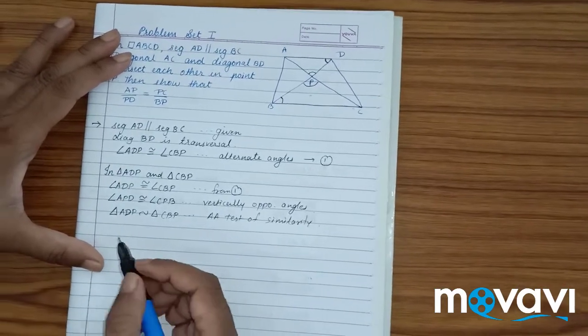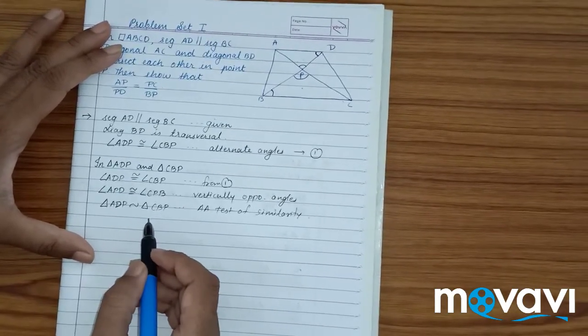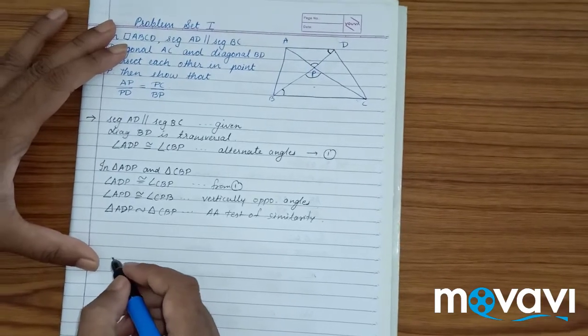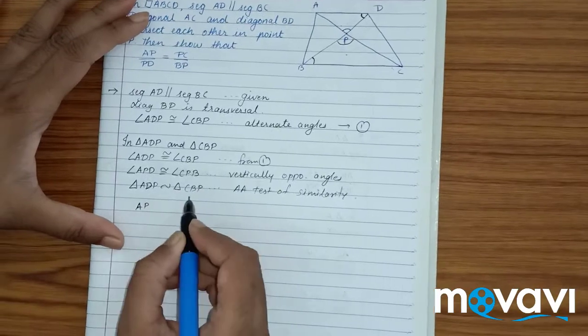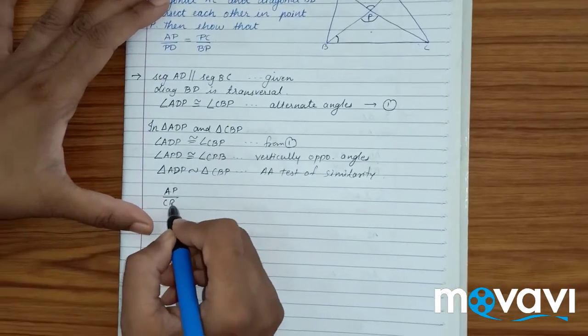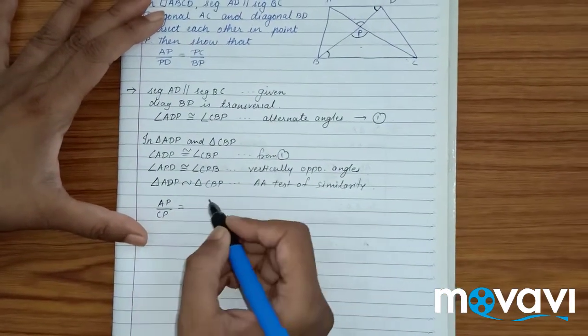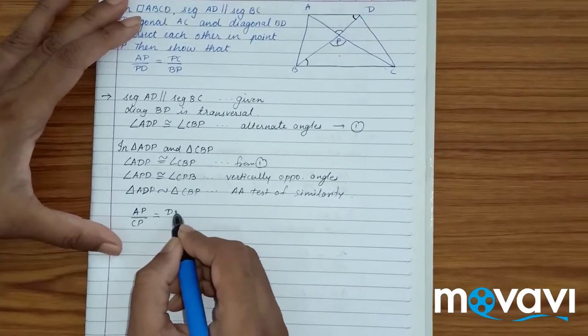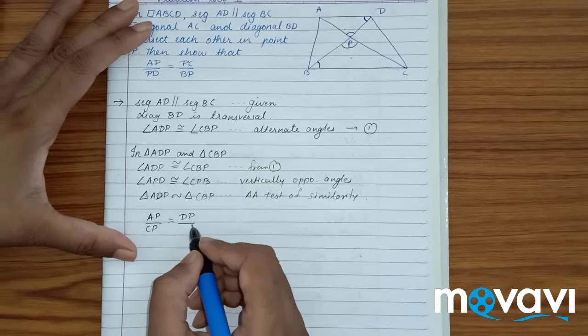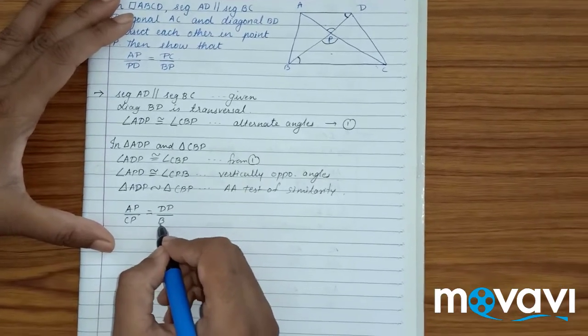Okay, now if they are similar, we can write the ratio, right? So let us write down the ratio. AP upon CP is equal to DP upon BP.